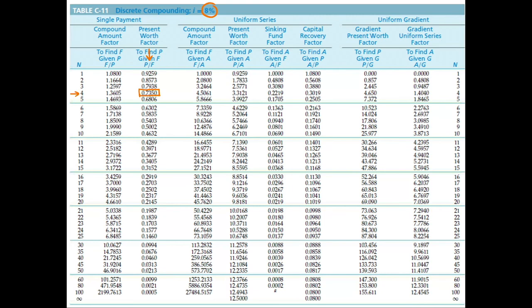And here is the factor you're looking at.